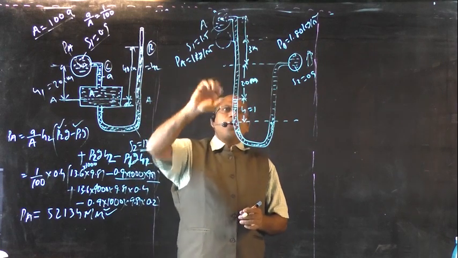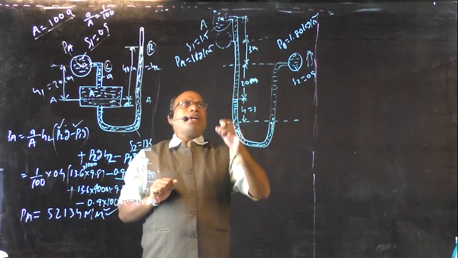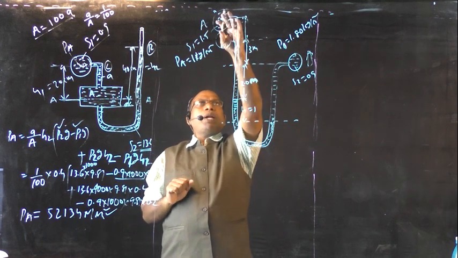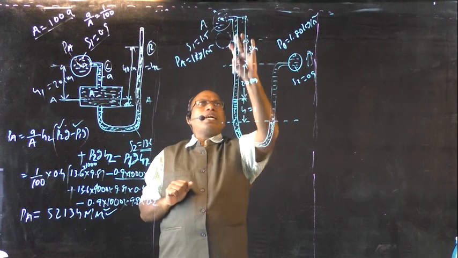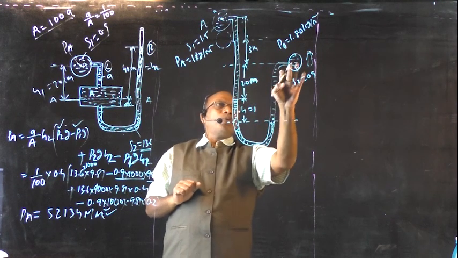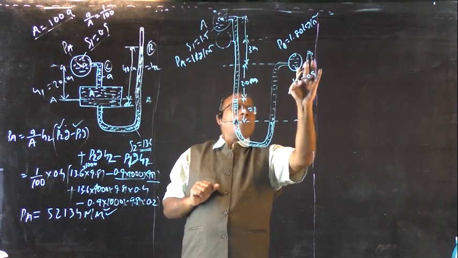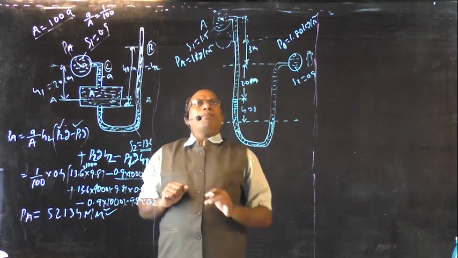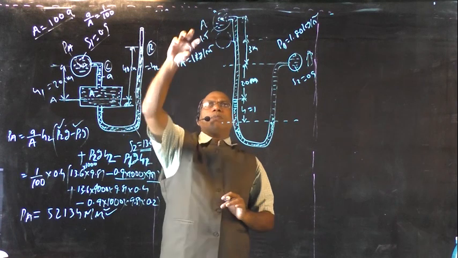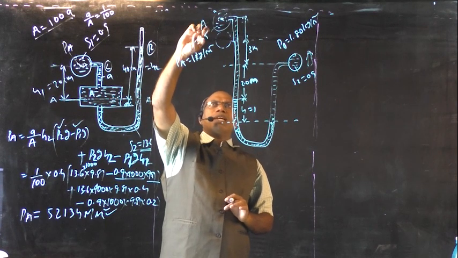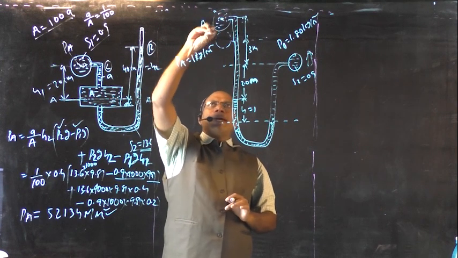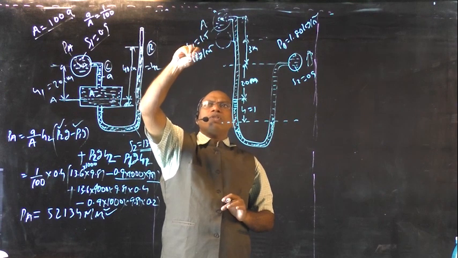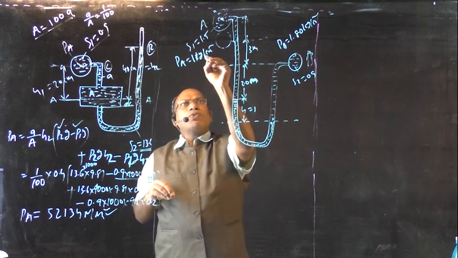This is a differential manometer. Here they have connected two pipes. One end of the U-tube is connected to one pipe, and the other end of the U-tube is connected to the other pipe, that is pipe B, and one end is connected to pipe A. Right, the specific gravity of the flowing liquid is given as 1.5 in pipe A. The pressure in pipe A is equal to 1 kg force per cm square.